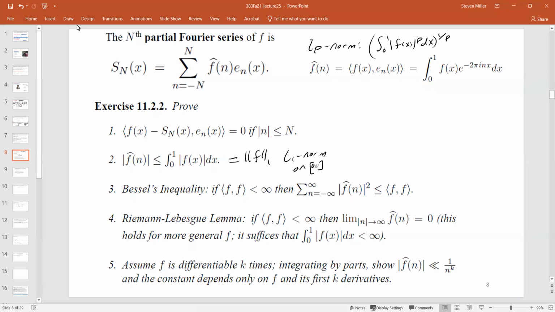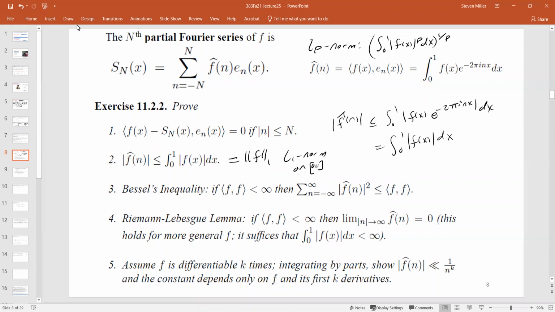In absolute value, the absolute value of e to the 2 pi i n x is 1. Yeah, the absolute value of e to the 2 pi i x is 1. So we use that the absolute value of f hat of n is less than or equal to the integral from 0 to 1 of the absolute value of f of x e to the negative 2 pi i n x dx. And that is just the integral from 0 to 1 of the absolute value of f of x dx.